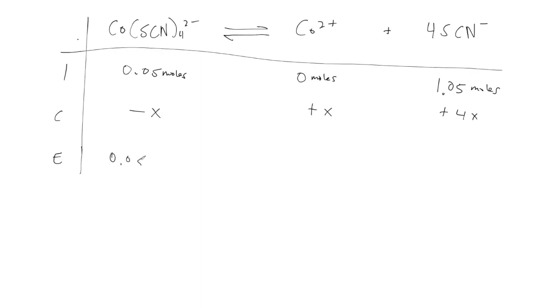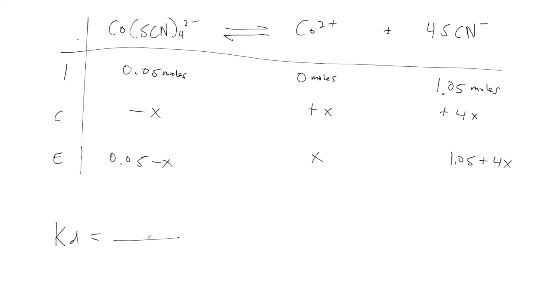So if we sum up our columns here, we have 0.05 minus x, x, and 1.05 plus 4x. So then, if you recall from our previous example, since we're going in the opposite direction now, we are talking about the dissociation constant, since we have an ion complex, which is now forming back into its individual ions.